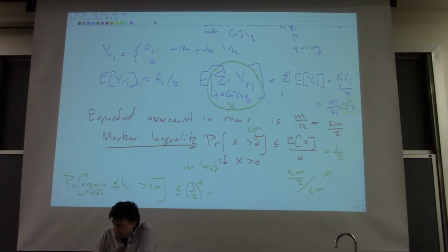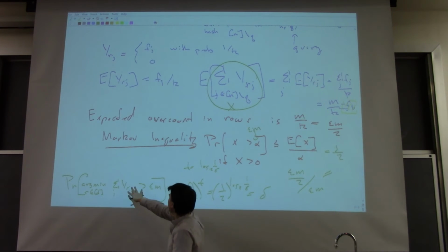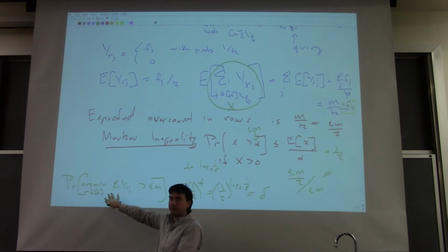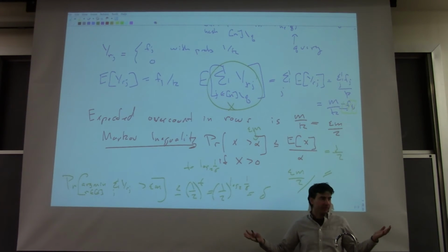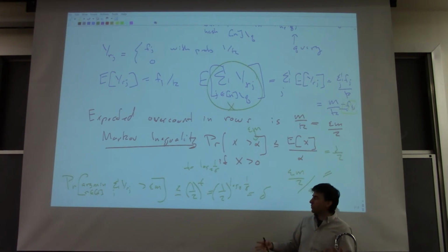So this is going to be equal to 1/2 to the log base 2 of 1 over delta, which is equal to delta. Right? So now the probability that we're too big, the probability that we have too much error, is at most delta, which is what we wanted. Okay? So we just proved the correctness of this randomized algorithm.